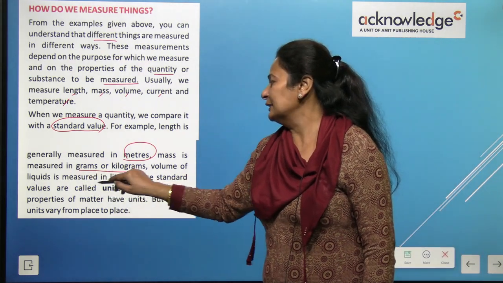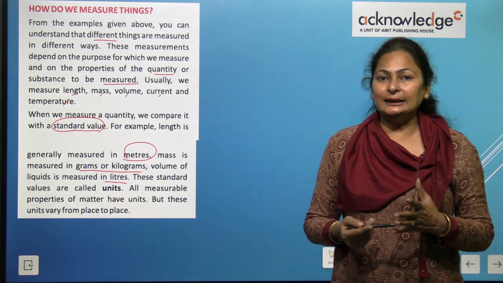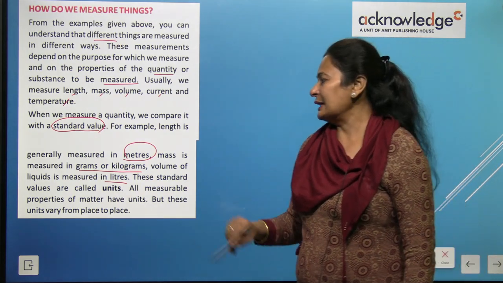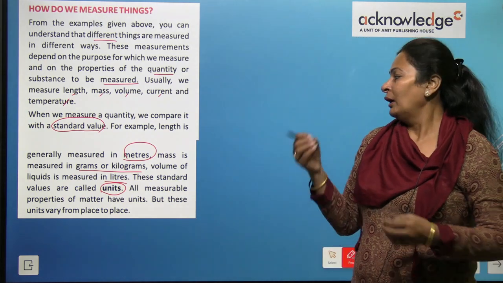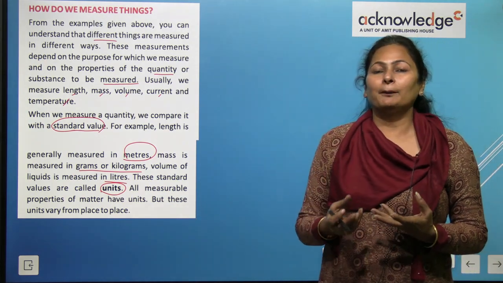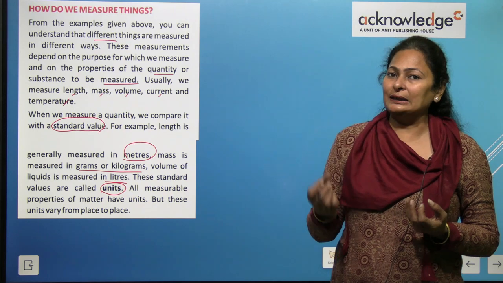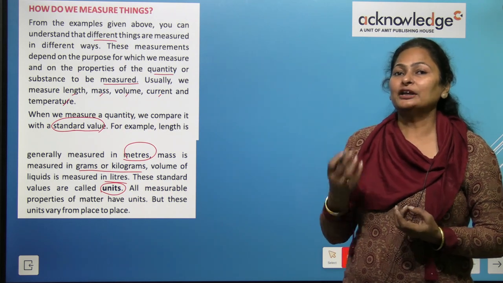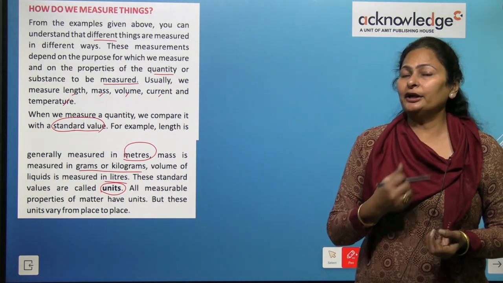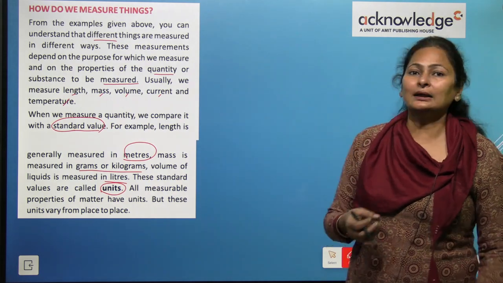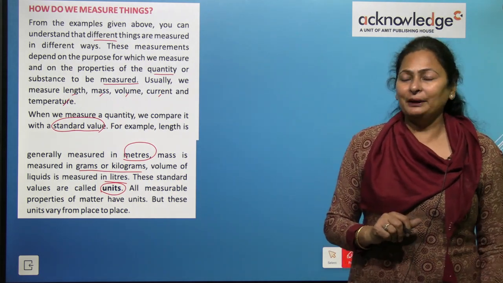Volume of liquid is measured in liters, right? These standard values are called units. So the unit of measuring the volume is liter, the unit of measuring the mass is gram and kilogram, and the unit of measuring the length is meter.